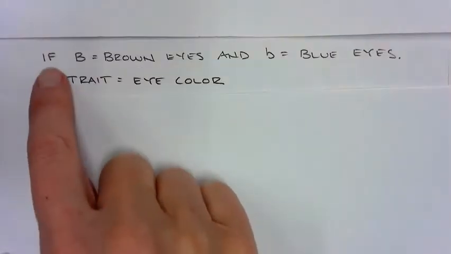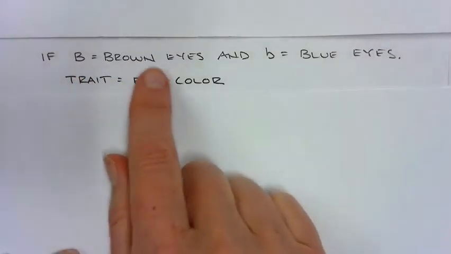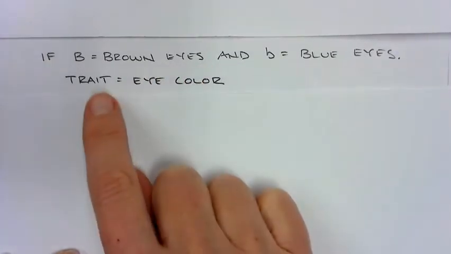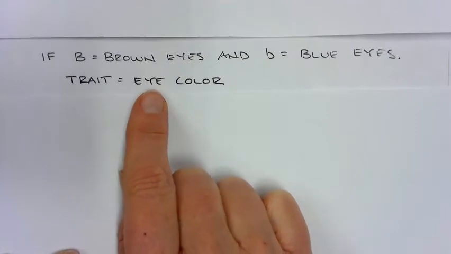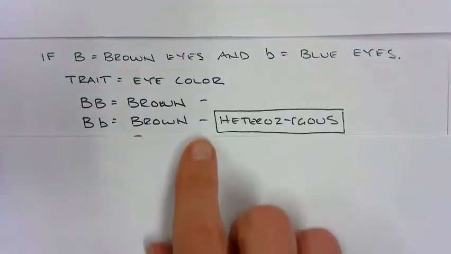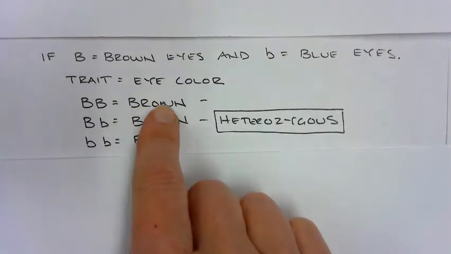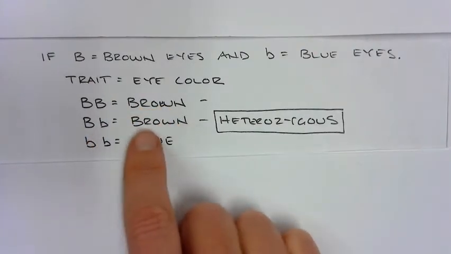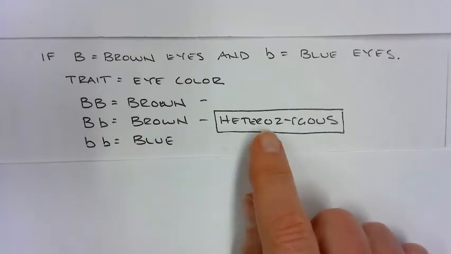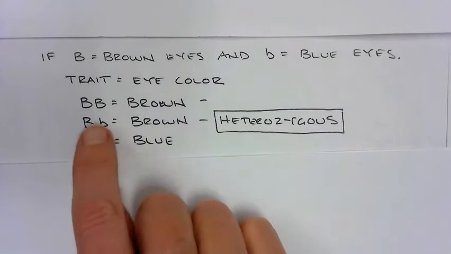For example, if B represents brown eyes and little b represents blue eyes, and again, the trait that we're talking about is eye color. So if it's big B, big B, you're going to have brown eyes. If it's big B, little b, that's also brown, but we call this heterozygous.